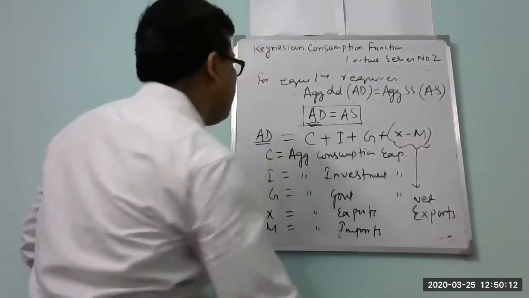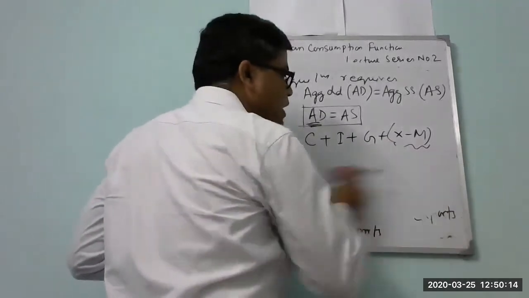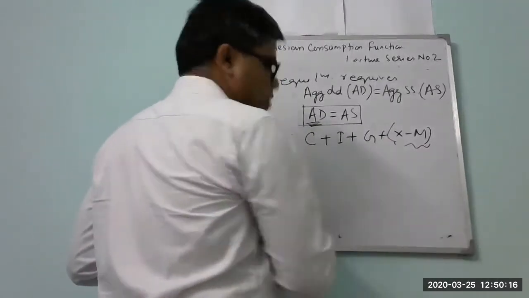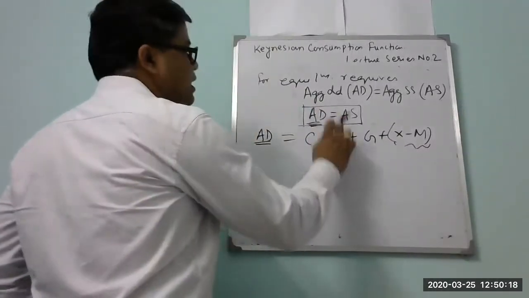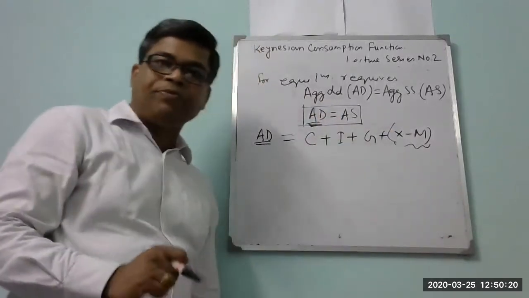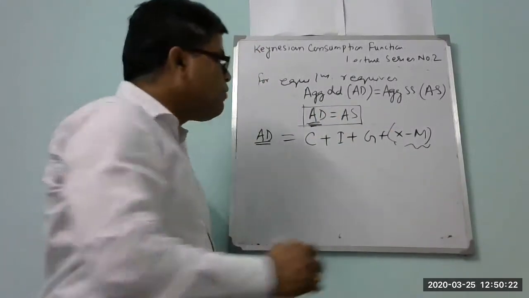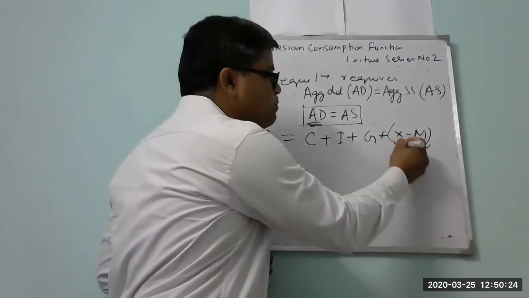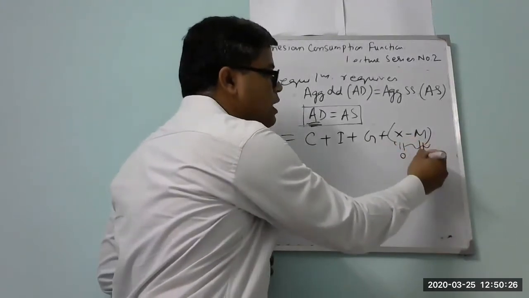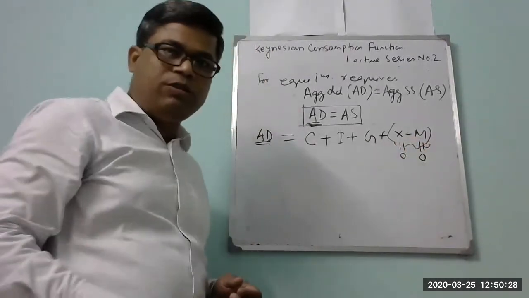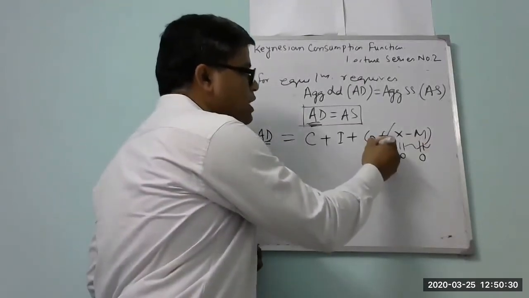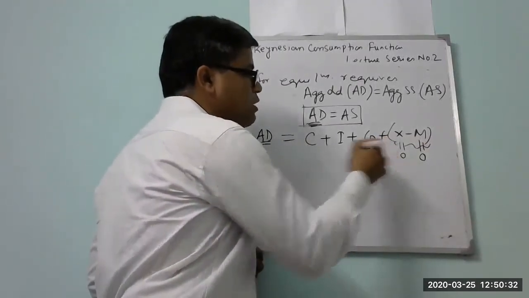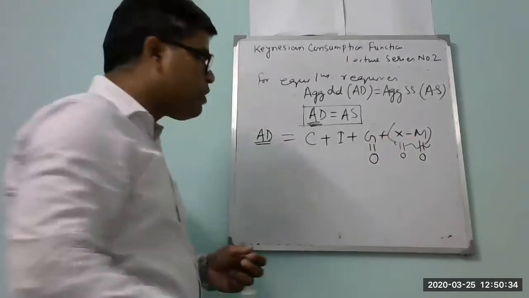Now, from our assumptions we have seen that it is a closed economy without government. If it is a closed economy, export is 0, import is also 0, and government expenditure will also be 0.